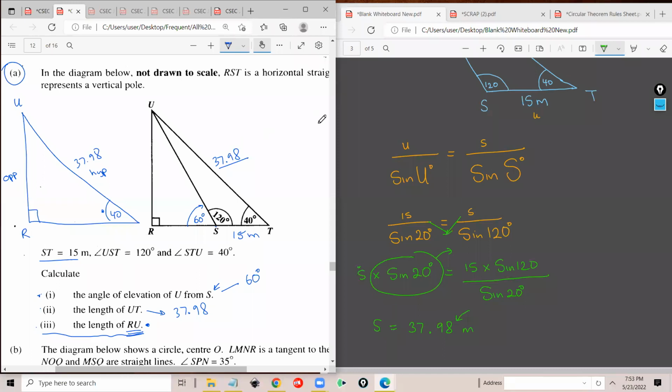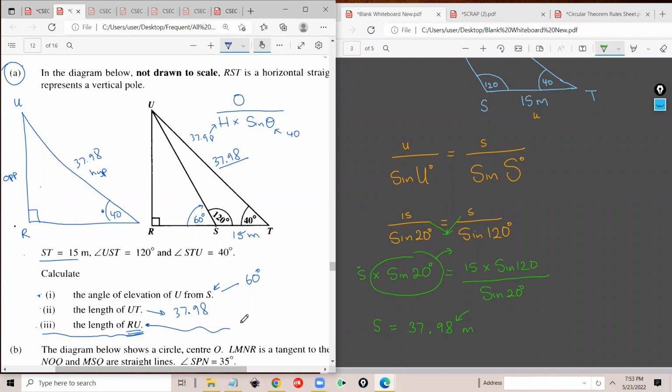This looks like a sine question again, because sine theta is opposite divided by hypotenuse. To find the opposite side, we take the length of the hypotenuse, which is 37.98, and multiply by sine 40. Let's see what we get there. 37.98 multiplied by sine 40.